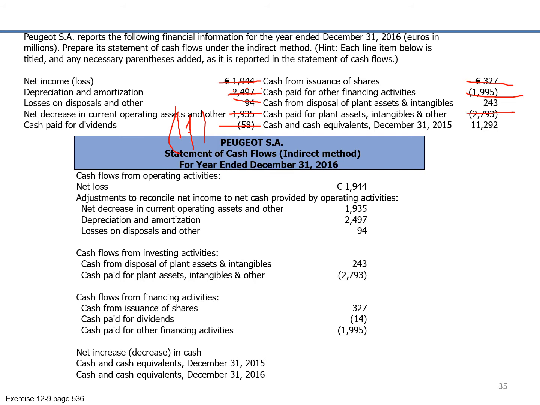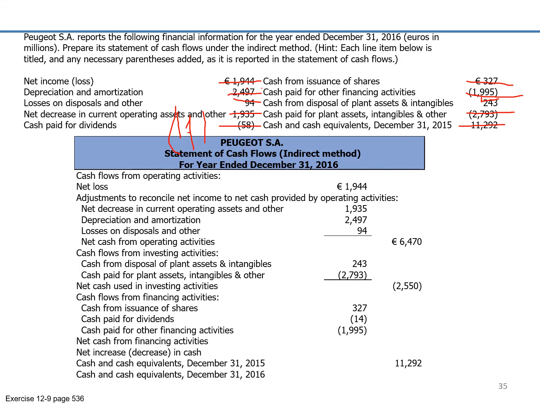Cash paid for plant assets, intangibles, and others. They tell us that's $2,793. So we bring that down to our investing section. And then they tell us what the beginning cash balance was, right? $11,292. If we have our net cash from operating activities, sum all those up, it's $6,470. Net cash used in investing activities, because it's a negative, $2,550.